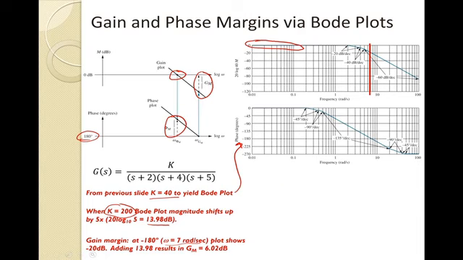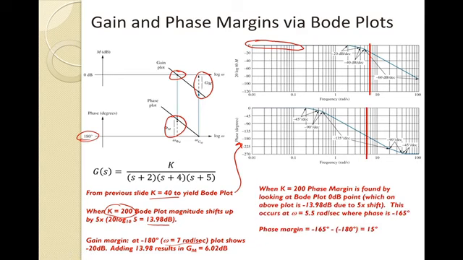Okay, and then in terms of phase margin, when we have a gain of 200, we look again at the Bode plot relative to the 0 dB point, which from the plot above will be shifted up by that 13.98 dB. So where does this equal essentially minus 13.98 dB as of right now?